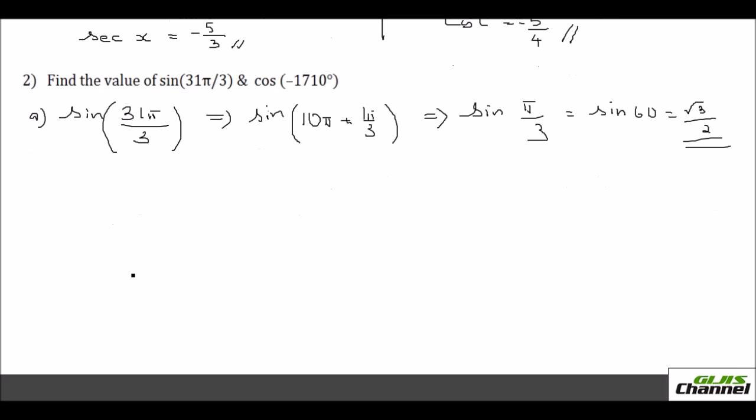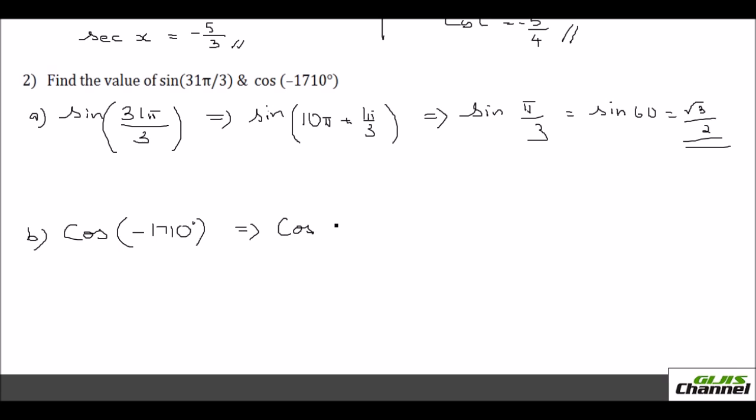Okay, the second question is cos of minus 1710 degrees. They have given it to you in degrees. Try to represent it, you can see how many rotations you can make with these degrees. So I just do it like this.